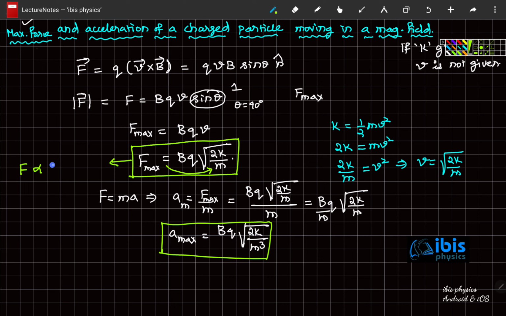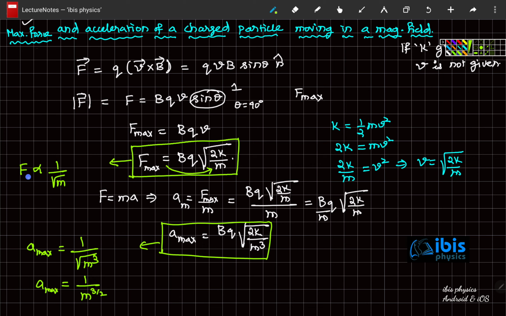And here the acceleration has square root of m cube, so maximum acceleration is proportional to 1 by square root of m cube, which can be written as a max equal to 1 by m power 3 by 2.